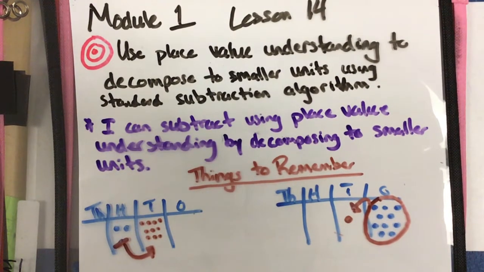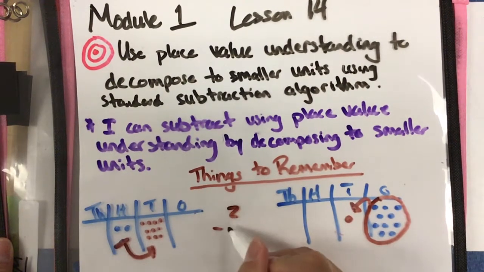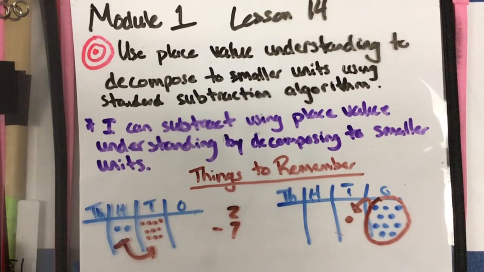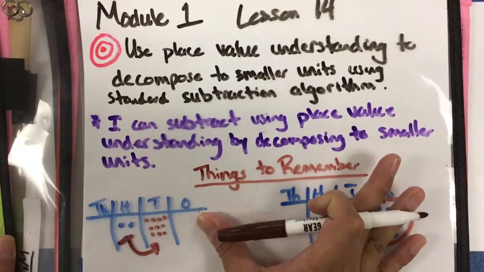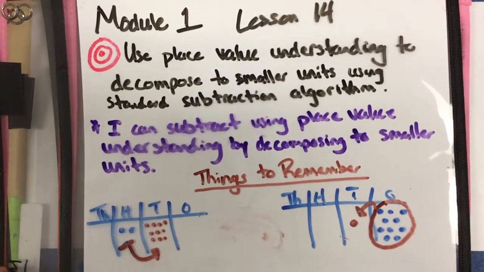Okay, and that's going to be important for when we're doing our subtraction, because sometimes you're going to see that we cannot take away, let's say we can't do 2 minus 7 because there's not enough. So we're going to try to see how we can do that using our bigger numbers.